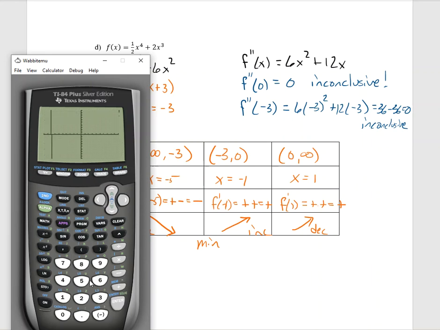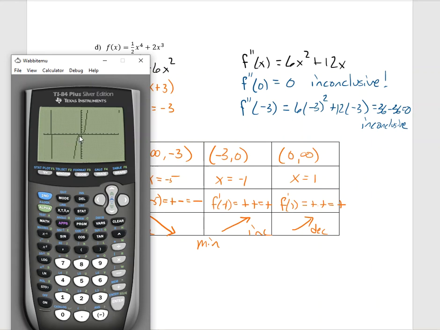And take a look at that graph. Let's zoom out. Okay, so we can see there's going to be a minimum down here at negative 3. I'm going to zoom back in because I don't like how that looks.